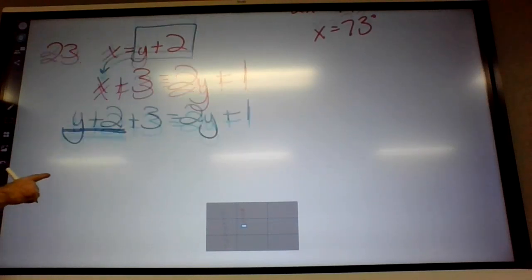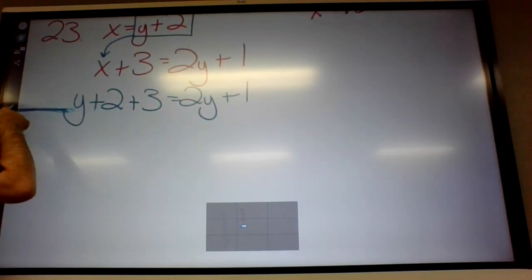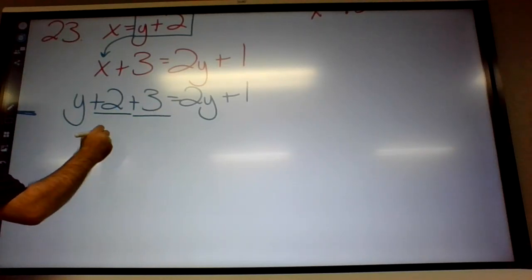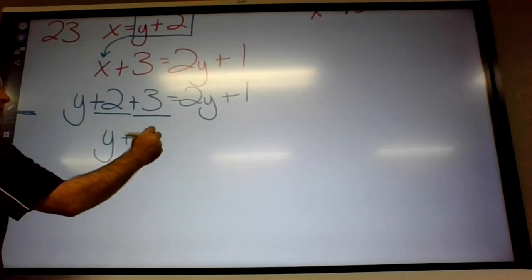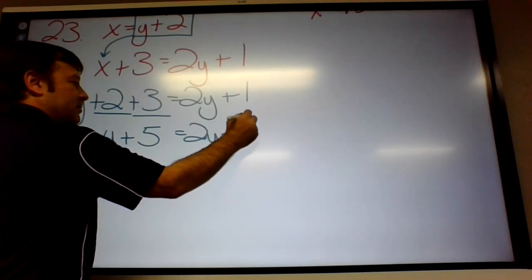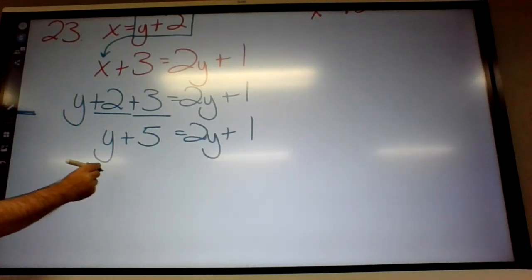What do I do now? Let's simplify it first: y plus 2 plus 3 is y plus 5. If I have y's on both sides, it's minus y.